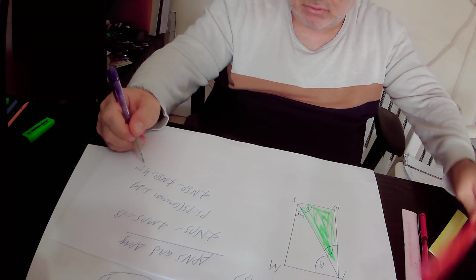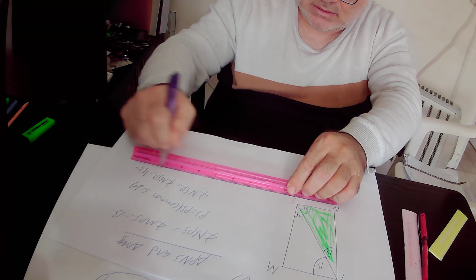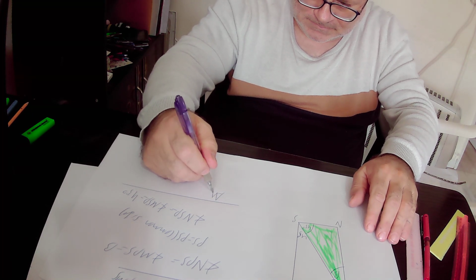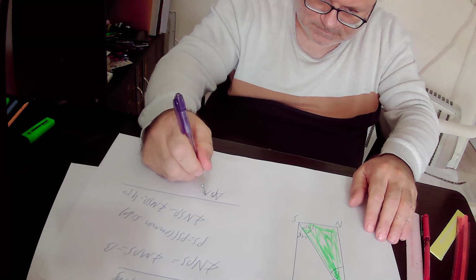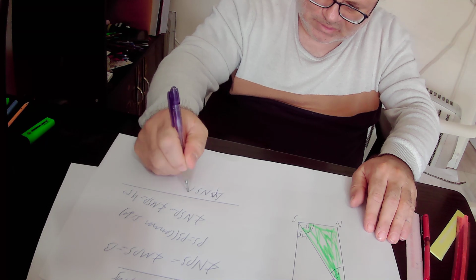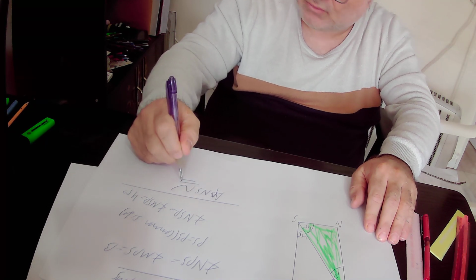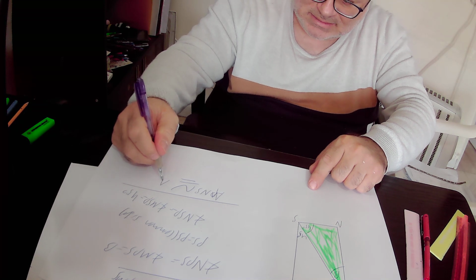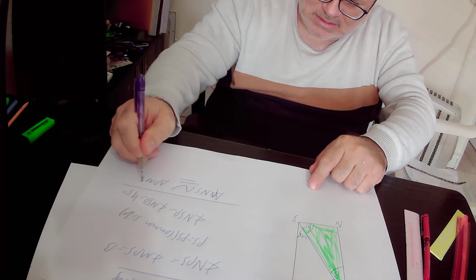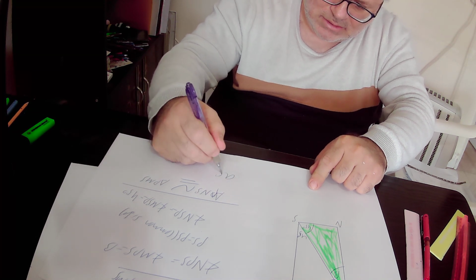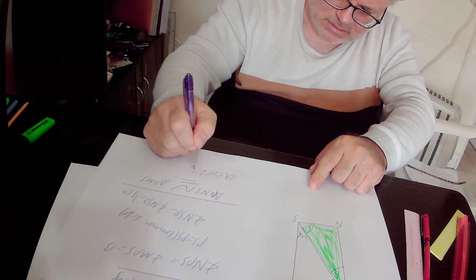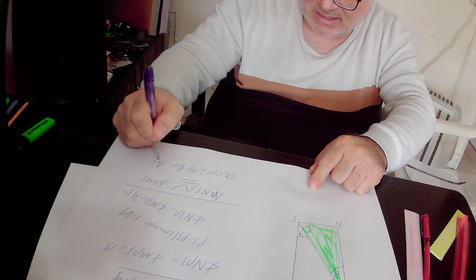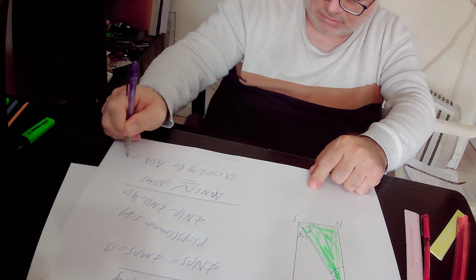So we actually proved that the green triangle, triangle PNS, is congruent, this is the sign of congruent, to the white triangle, triangle PMS, according to angle side angle rule.